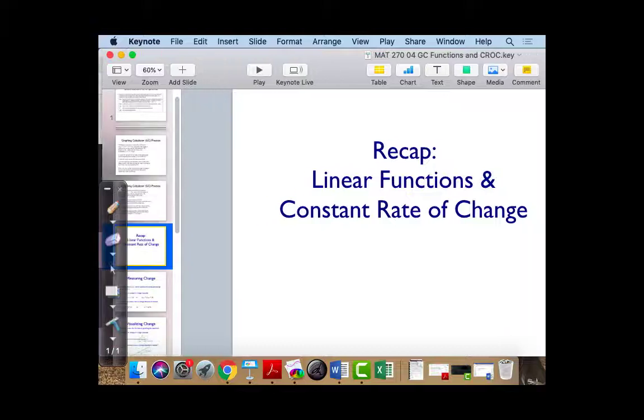What I want to do now that we've talked a little bit about GC, function notation and being able to use it efficiently, and constant rate of change, is put all of this together and talk about constant rate of change, the relationships we talked about a week ago, while using function notation, and see some of the expressions we can come up with and some of the computations we can write without doing arithmetic, just writing out function notation expressions to represent change when we know we do have constant rate of change.